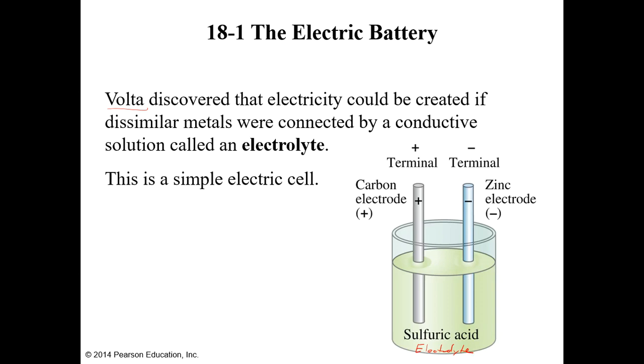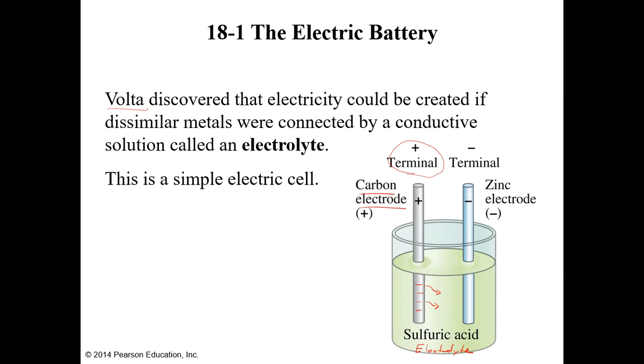For this particular example, in this picture, you have a rod of carbon, which is put into the sulfuric acid. Well, they're going to react, and a number of electrons that are in the carbon will then be pulled out by the sulfuric acid, thus leaving the carbon positively charged. Now that it has a positive charge, we call that a positive electrode, or more commonly, a positive terminal.